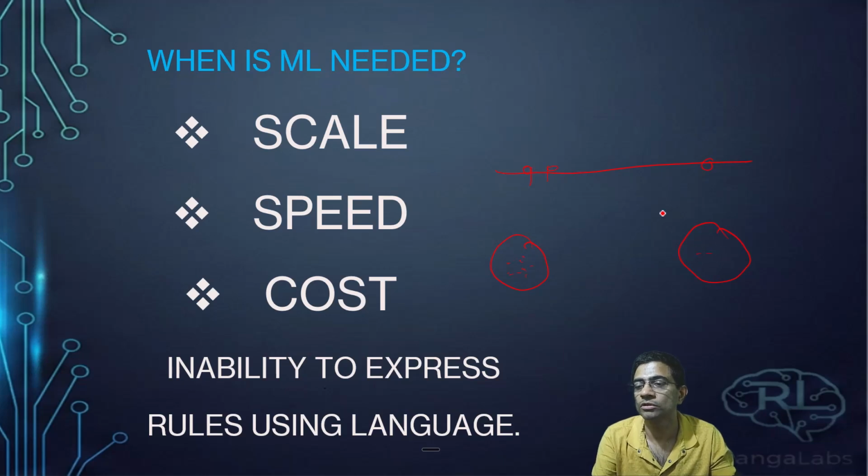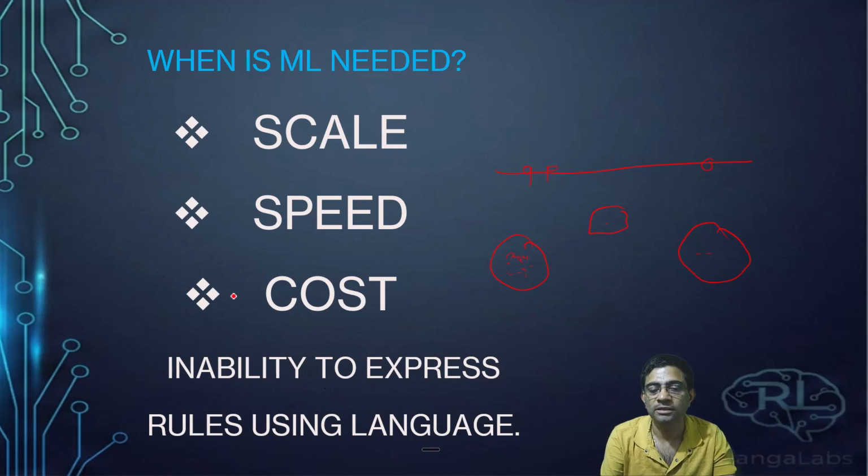The machine learning, because why can we not give the rules? Because the data, the examples which we are giving, are so diverse that it is humanly not possible to get a formula which we can write and then give to machine learning for it to give the output.